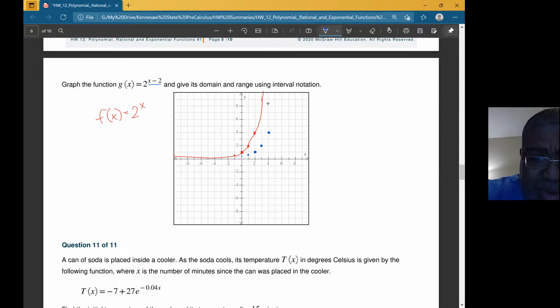Something like that. We can actually use our graphing calculator to figure this out a little bit better. So it looks like that. So it's everything transformed to the right 2.